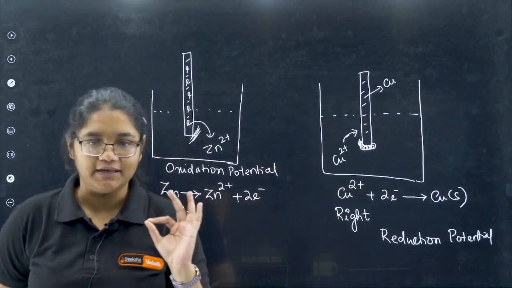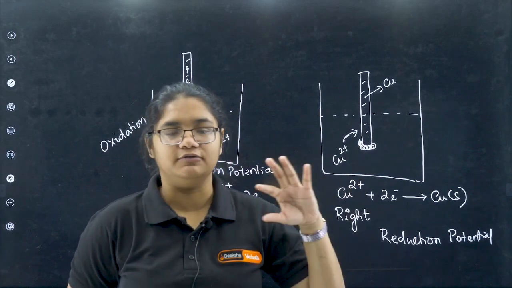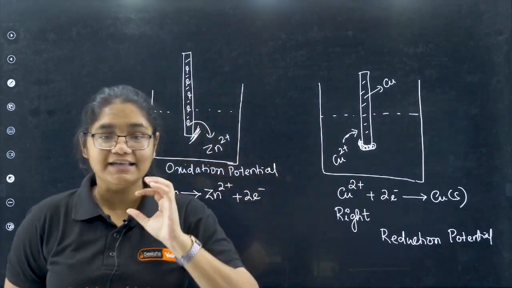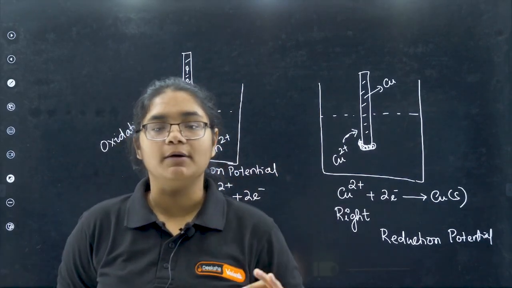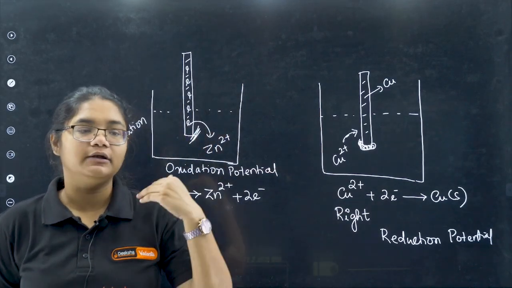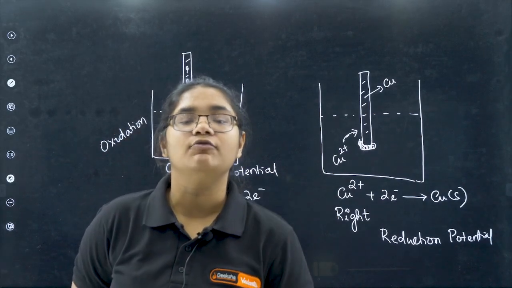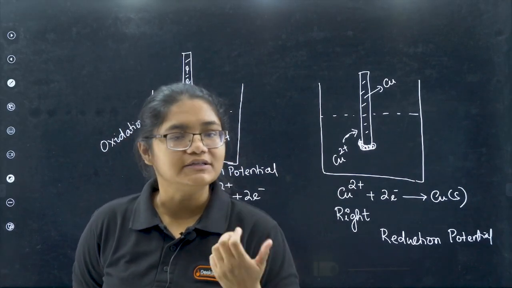But IUPAC said that, for convention and ease, let's talk about the reduction potential of all the metals. Even though a metal undergoes oxidation, we will represent it in the form of reduction potential.